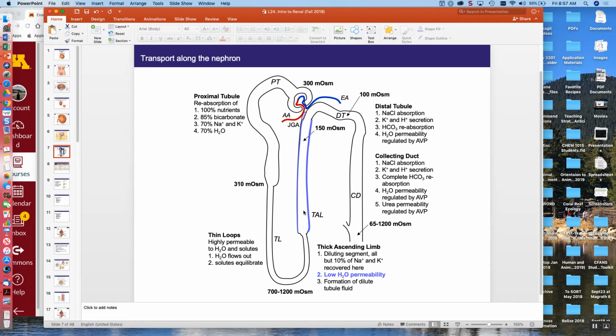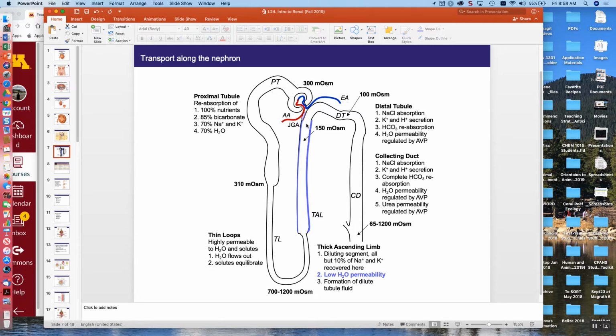So water stays inside this tube, which is why it's called the diluting segment. It is actively pulling solute out, and it doesn't allow the water to follow. Okay, so it's very dilute, only 150 milliosmoles at the top of the thick ascending limb.